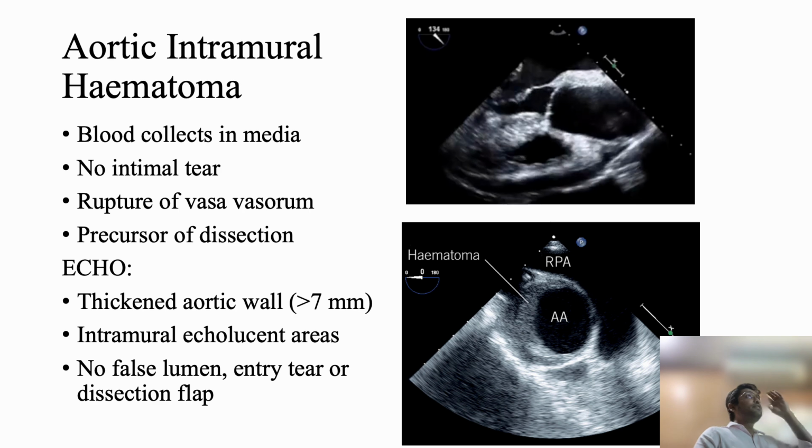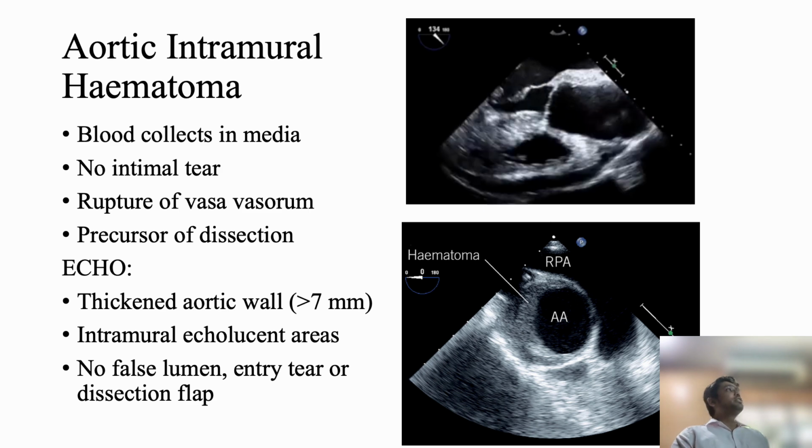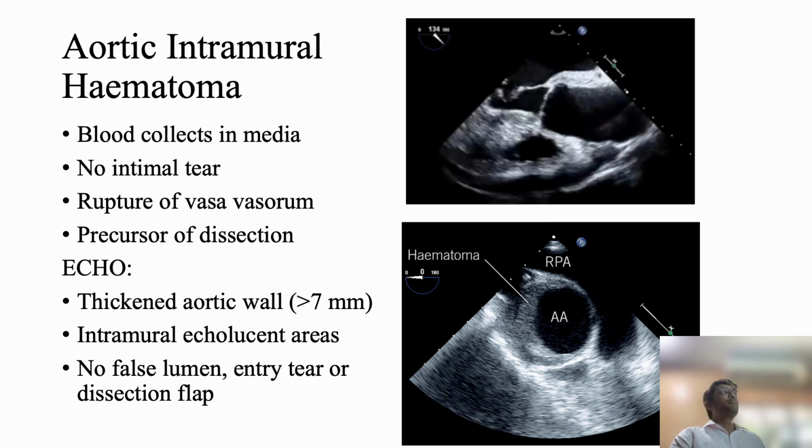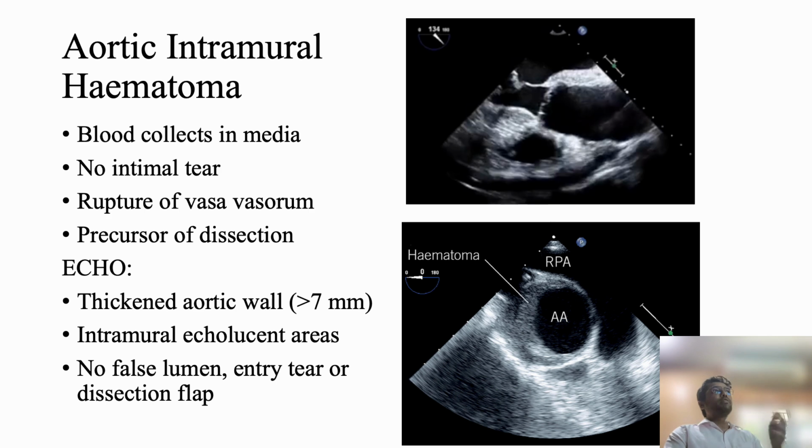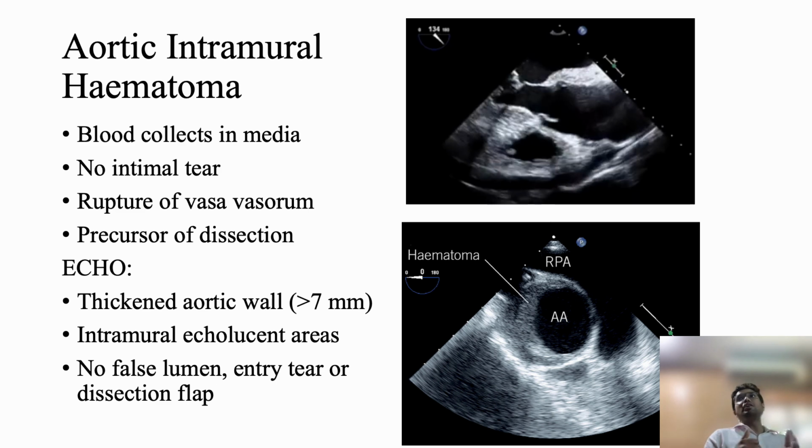Now, what is the difference between aortic dissection and intramural hematoma? The most important difference is that there is no false lumen, entry tear or dissection flap. Here the blood collects in the media, but there is no intimal tear. There is a rupture of the vasa vasorum, the vessels of the aortic wall, and they form a hematoma inside the wall without breaching the intima.